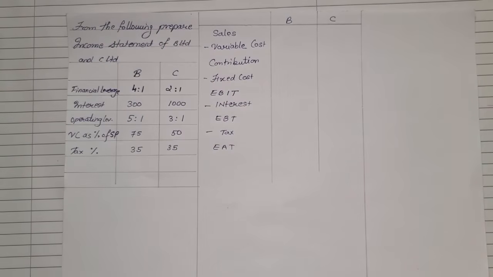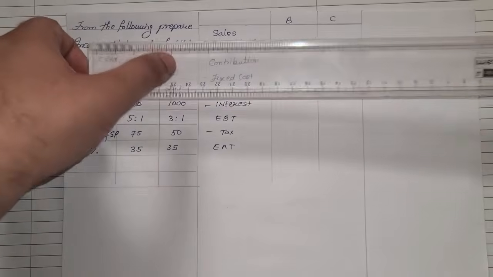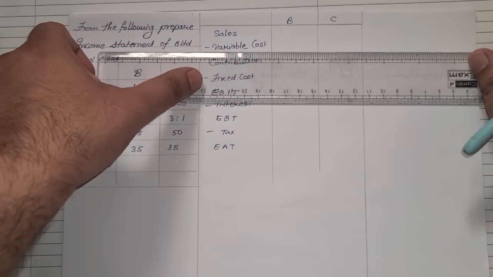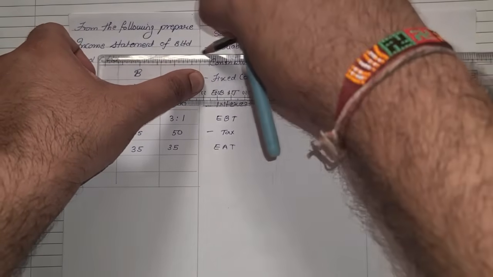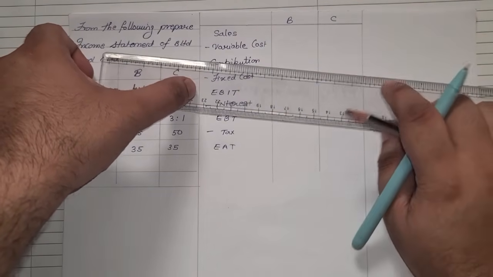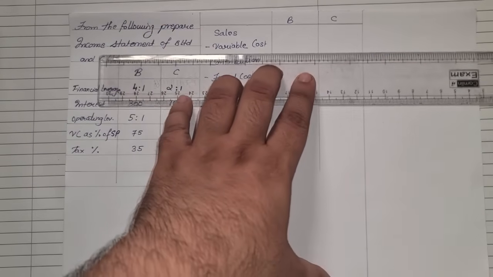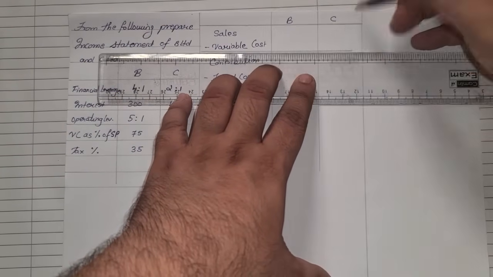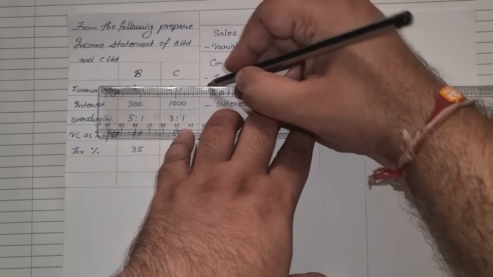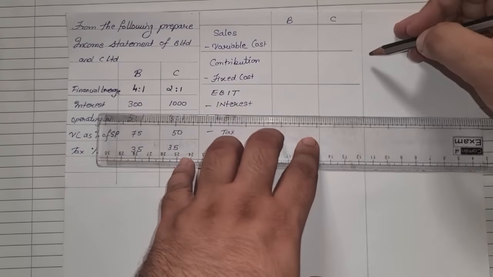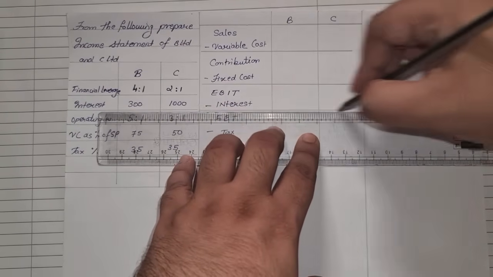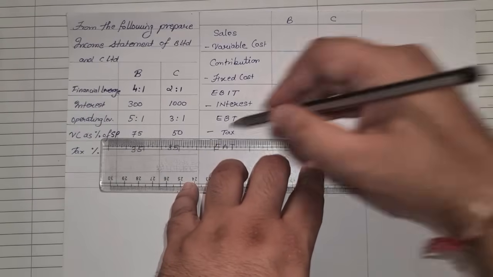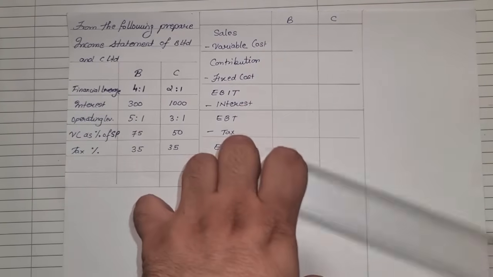Okay, so we have noted down the entire income statement. So there are around 4 headings here.